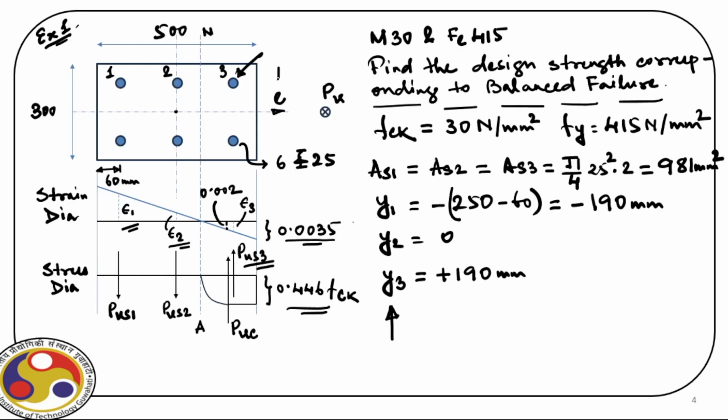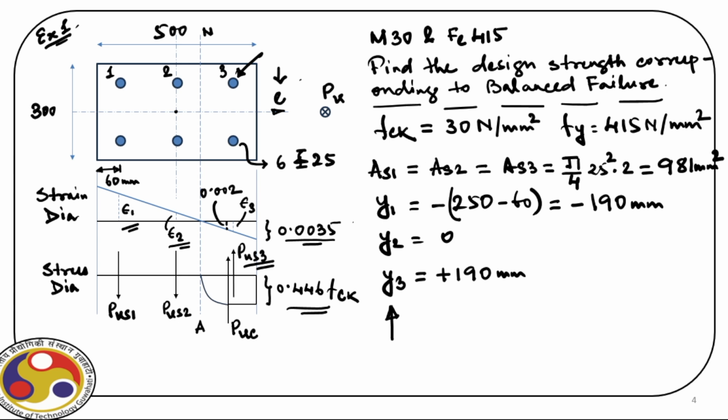So Mu, that is the moment capacity of the section, is the summation of the two components 110 and 129. So this is effectively 239 kilonewton meter. Now then finally we can also check the eccentricity.